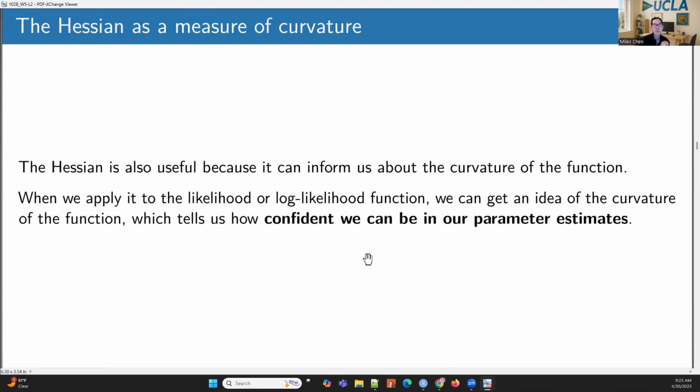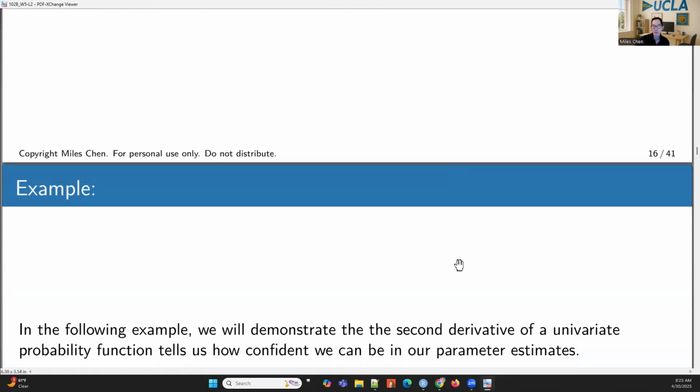And so if we apply it to the likelihood function, or our log likelihood function, we get an idea of the curvature of the function, and that will tell us how confident we can be in our parameter estimates. So that feels a little bit strange. The curvature of the function will tell us how confident we are in our parameter estimates.